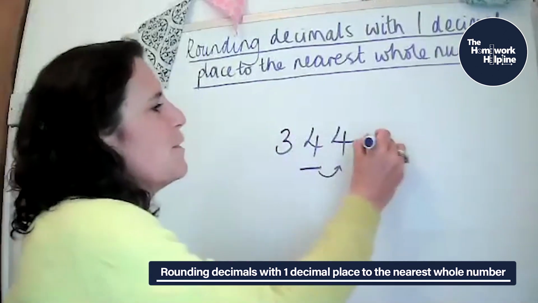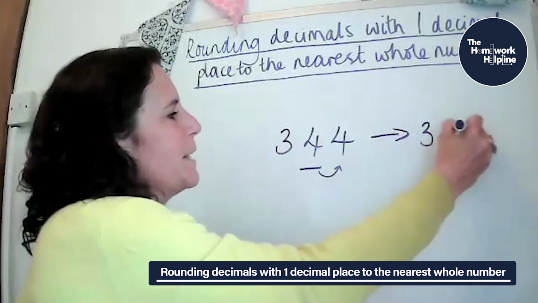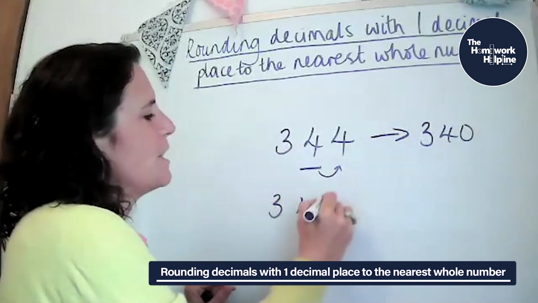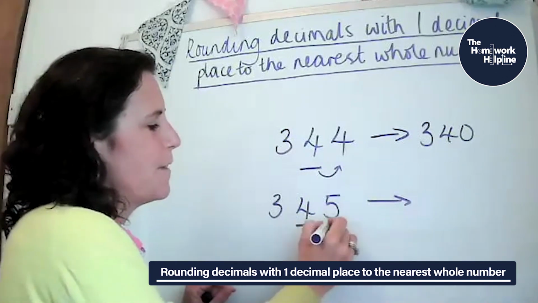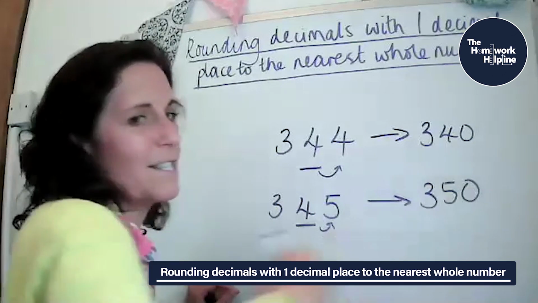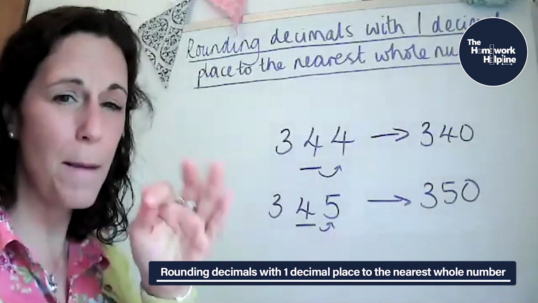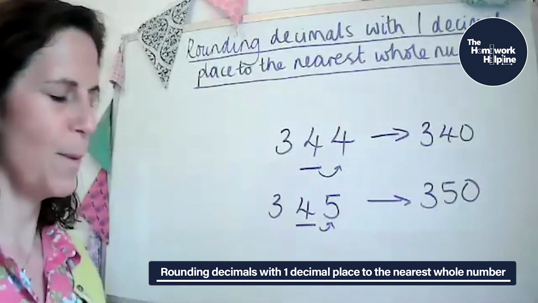So 344 to the nearest 10 would be 340. But 345 to the nearest 10, the 5 says you must go up, so that would be 350. Okay, so just to remember, 4 and below we go low, 5 and above we go up.